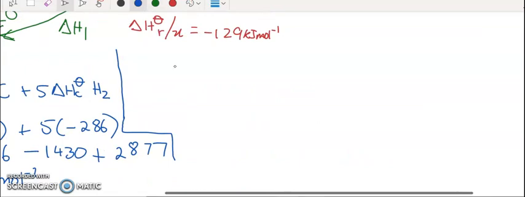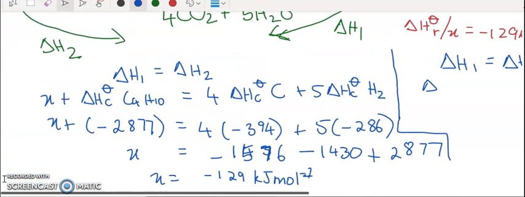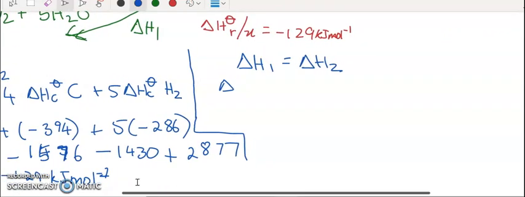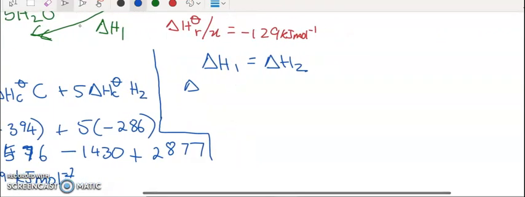So we're going to say delta H1 is equal to delta H2, and we have X plus, so we're going to put this as X, not delta HR, so that we don't get confused.